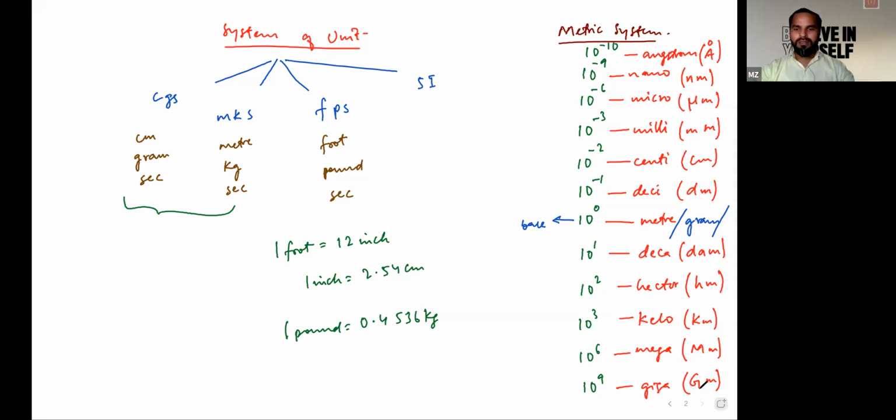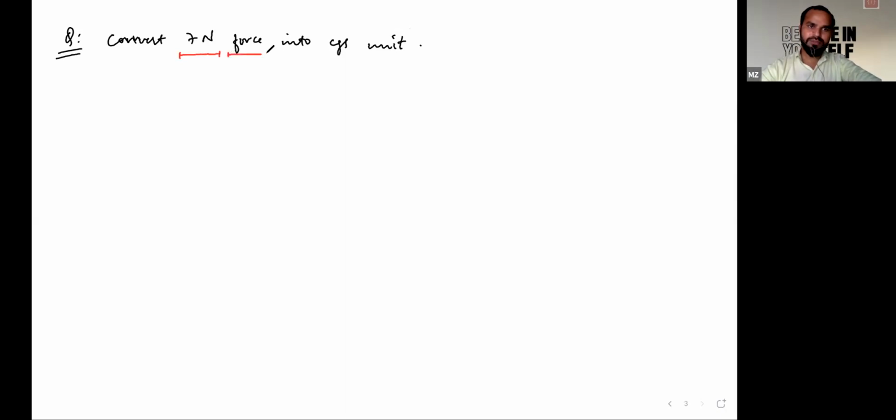Okay. So now, how to convert from one system to another? I'm giving you one question. If you have to convert 7 Newton force into CGS unit, first of all, on the basis of this question, it is given 7 Newton force.